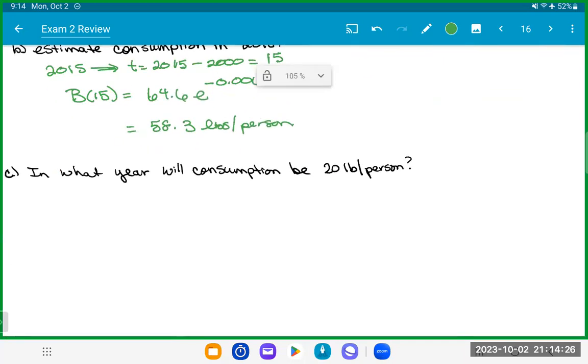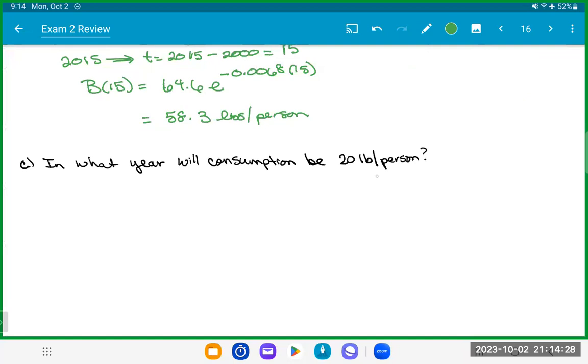The last part of this one wanted to know what year the average person will be consuming 20 pounds. So we want our B of t, the solution, to be 20 pounds per person. So we're saying 20 pounds is equal to our 64.6 formula, e to the negative 0.0068 t.